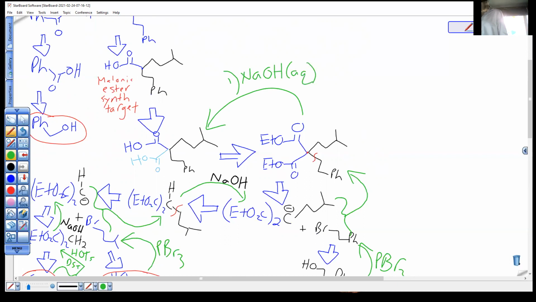Aqueous hydroxide works really well with esters. And then you got to put the protons on. You just say HCl excess. After step 2, you could have gone step 3 and gone straight from here to here. But I'm doing step 3 here, and it's just heat.